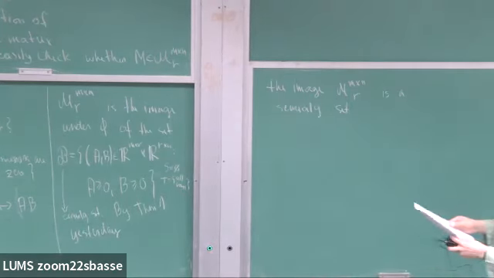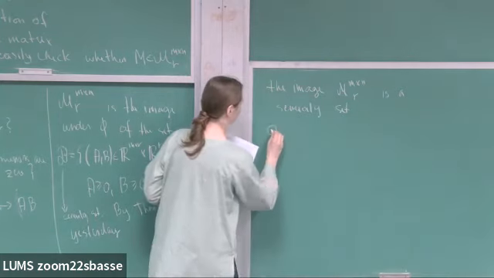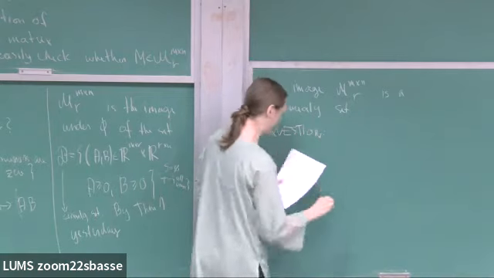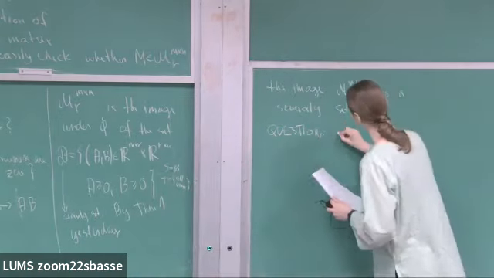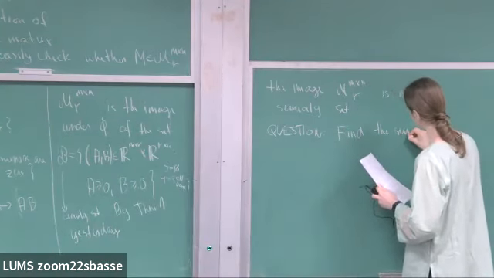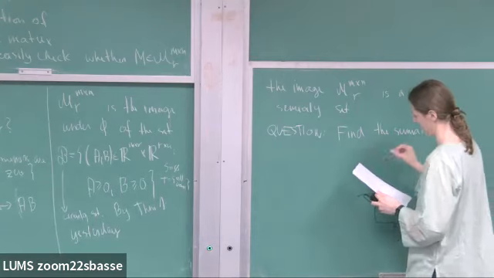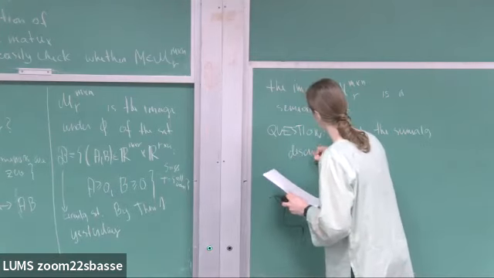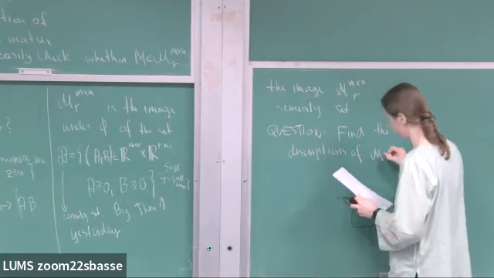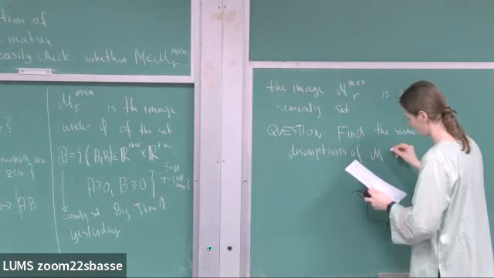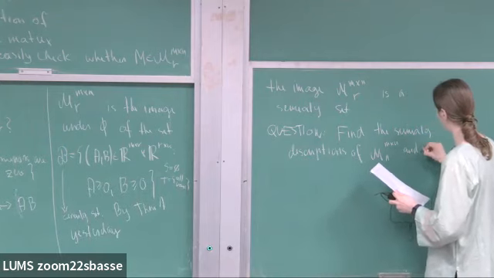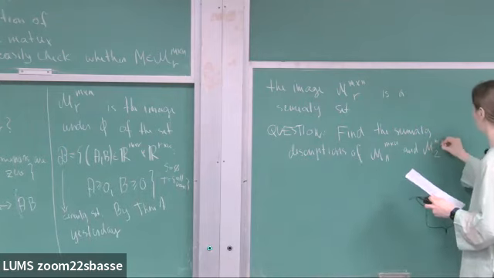Okay, so that we're all on the same page. If you thought about the homework or exercises yesterday, but even without that, my question to you is: find the semi-algebraic descriptions of M_1, the M times N matrices, and M_2, the N times N matrices.